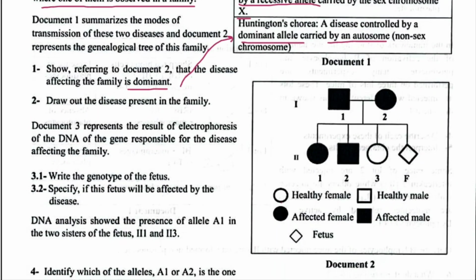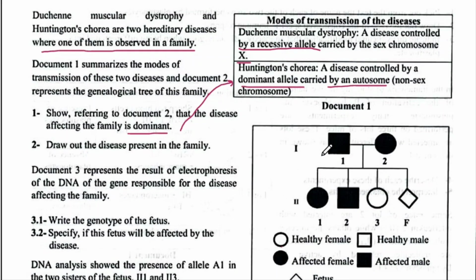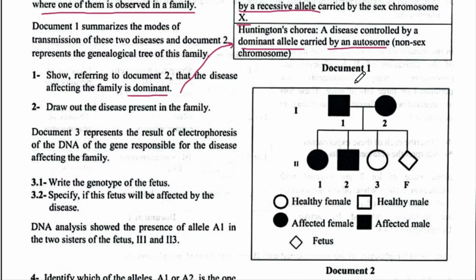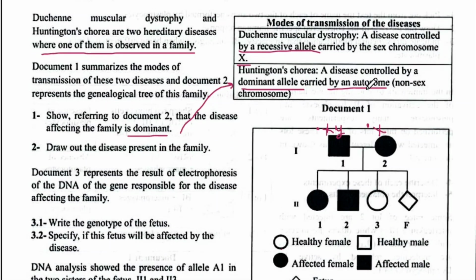For Document 2, if the disease of this family were a recessive allele carried by the sex chromosome X, then for sure the father of this family would be X affected and Y, and the mother would have an affected X, and because it is a recessive allele, the second X would also be affected.